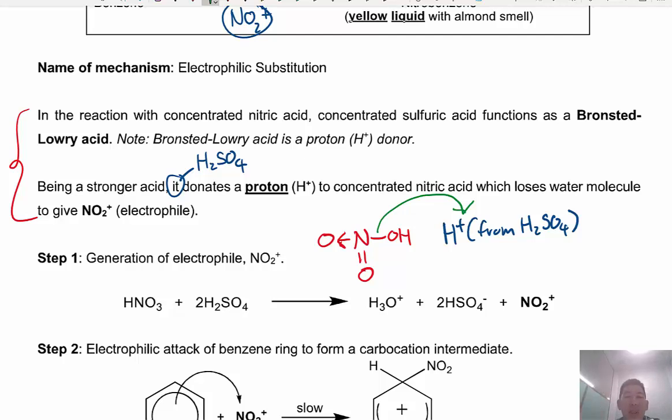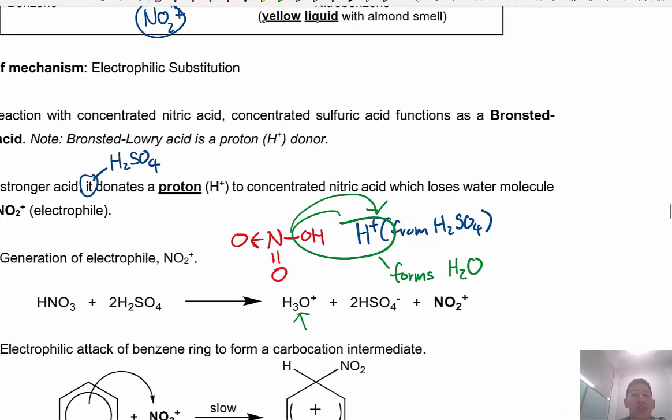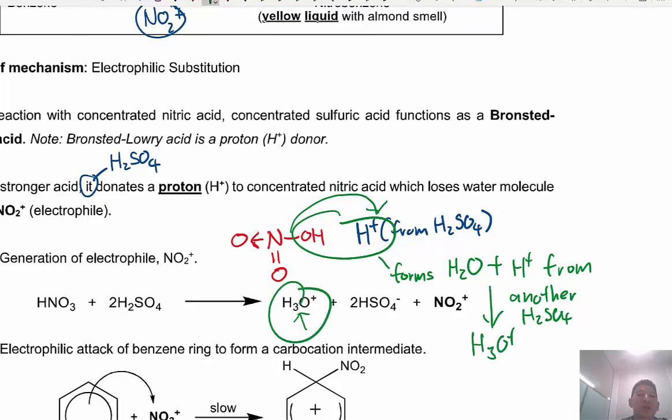This NO bond breaks and both electrons go to H. So this whole thing forms H2O. Then you may be wondering, I don't see any H2O here, but there's a H3O plus, which then combines with H plus from another H2SO4. And finally, it forms H3O plus, which is this one.